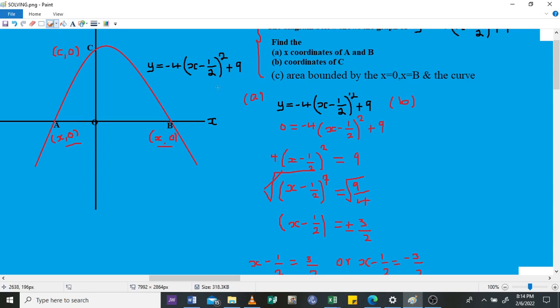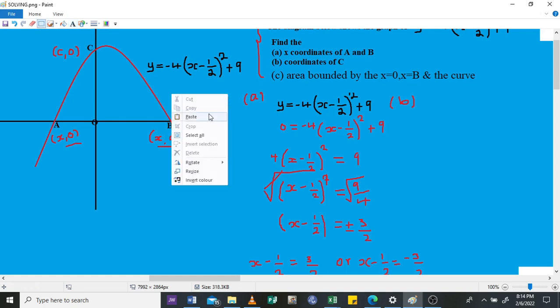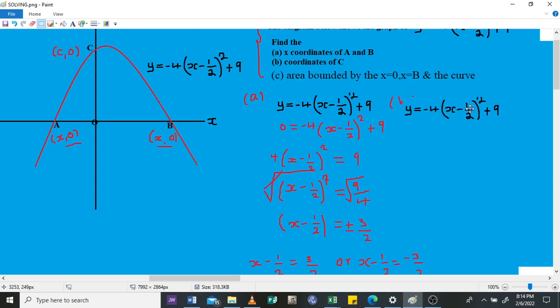So what do we do again? Let's use the formula again. Now if we do that, we'll apply our formula. Now our formula is squared, right? Don't forget that. So we want to find y, because C is on the y-axis, when x is 0.